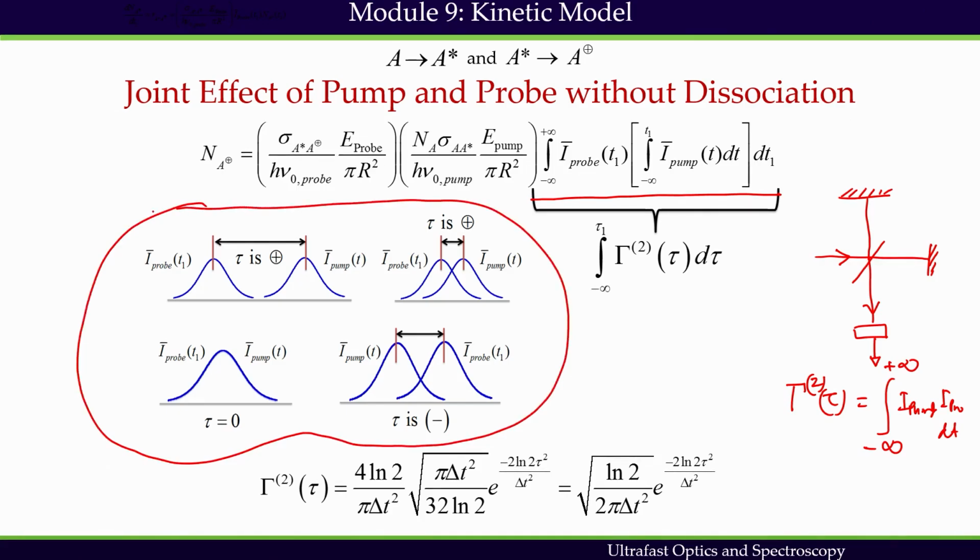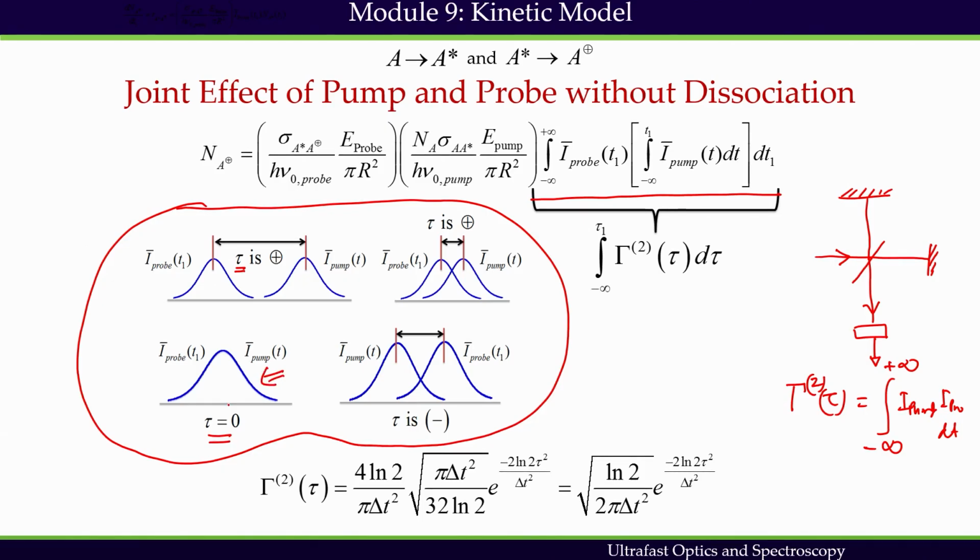If we look at these different figures given here, we are seeing that we are changing tau, which means when they are completely overlapped, tau equals 0, they are fully overlapped.